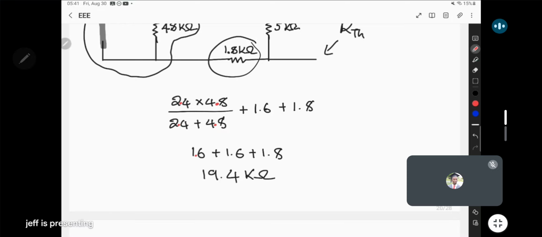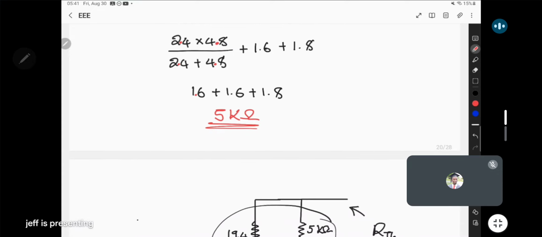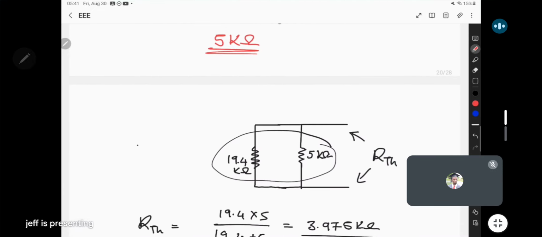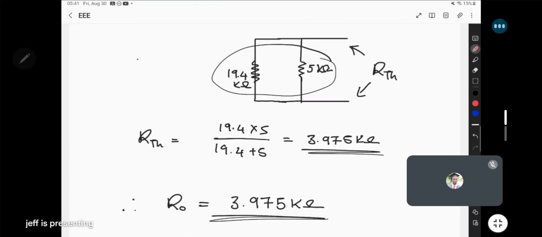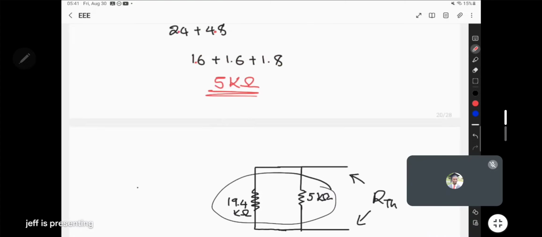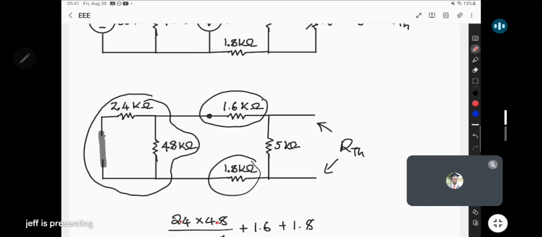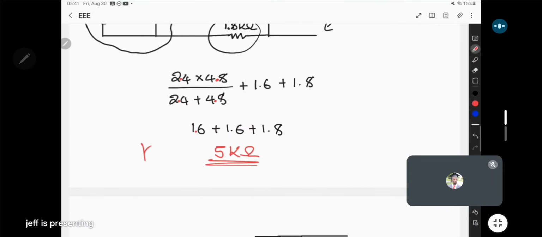Yes, so here the final answer becomes 5 kilo ohms. So this becomes our R0, our Thevenin's value. So R0 becomes equal to 5.